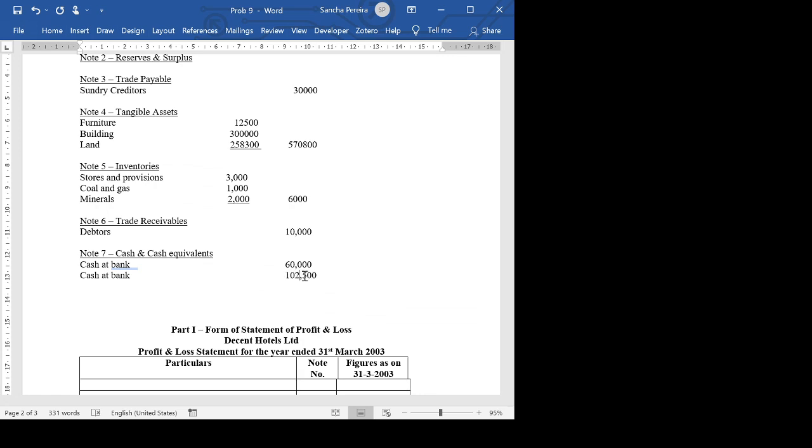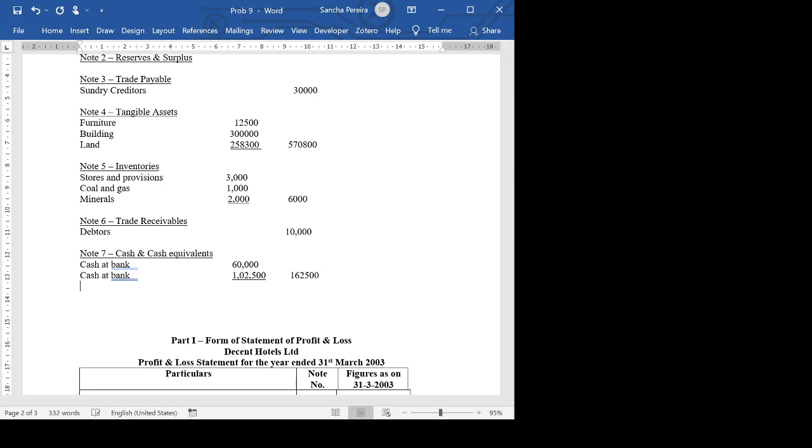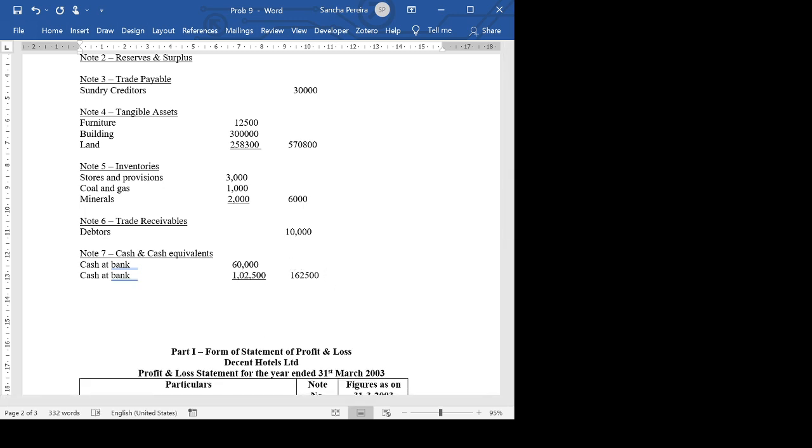So the total here comes to 1,62,500. Take this inside. Okay. So cash and cash equivalents are done.